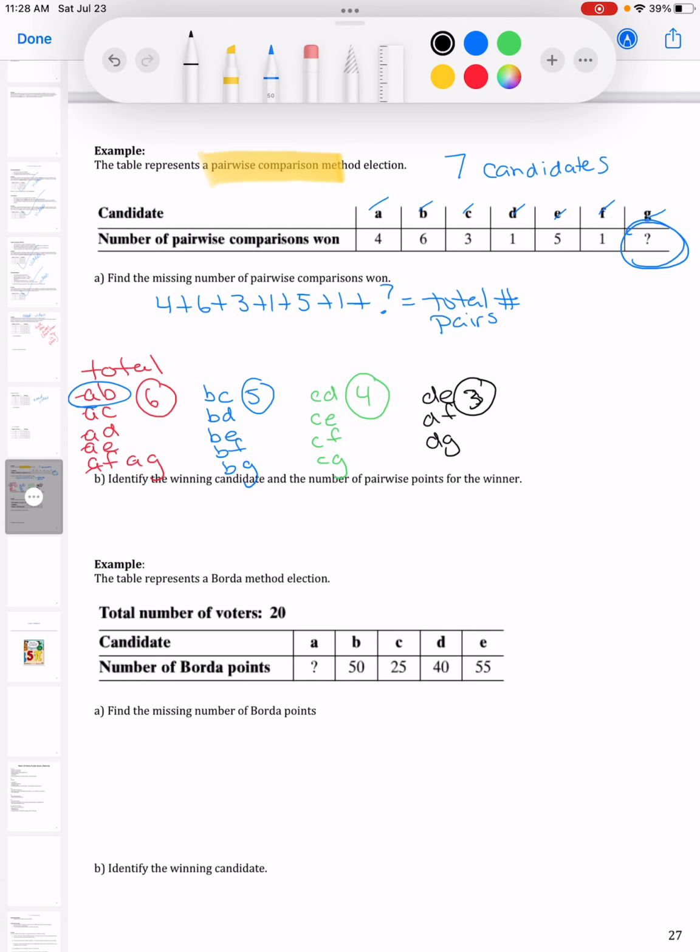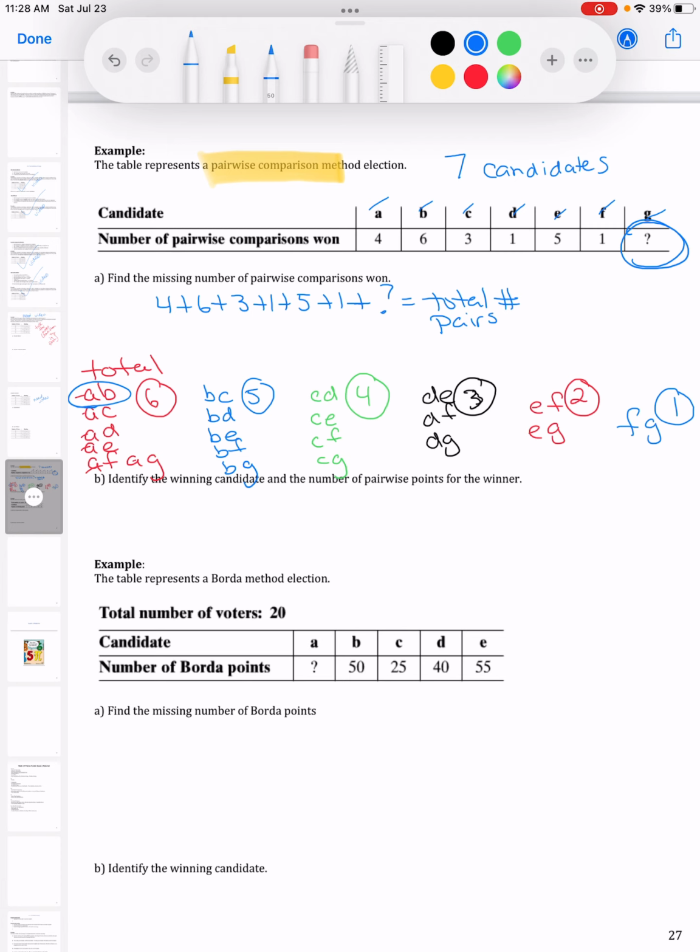That was the pattern, not a crazy, super cool pattern. And then the last one is just F and G. So there were 7 candidates. It's always going to start off with 1 less than that, 6, because A can't pair with A. A can only pair with everything else.